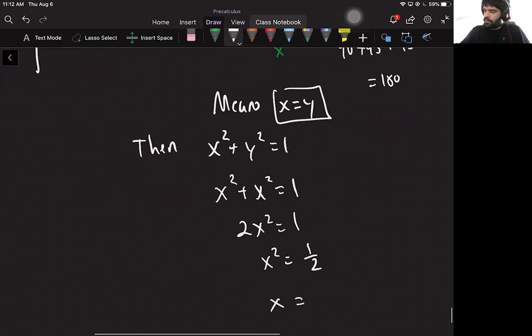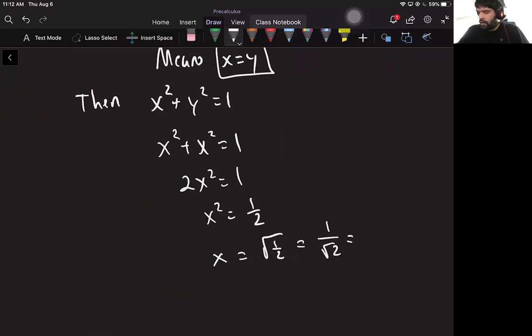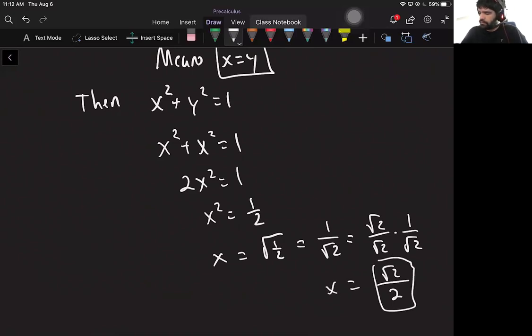And then I square root both sides to get this, which people like to simplify. So you'll often see it this way instead, where I rationalize it by multiplying by root 2 over root 2 on the top and the bottom. And then root 2 times root 2 is 2. So then this is what people always say is the answer.